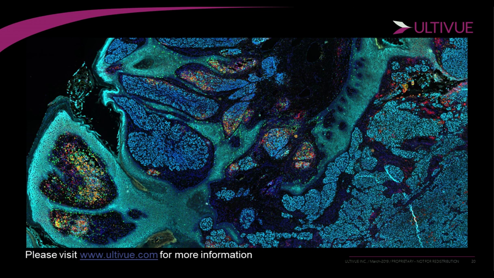Does Ultivue have solutions for the co-registration of multiple rounds of imaging? Or is this dependent on your imaging equipment or image analysis software? We do, and that's why some of our technology is still brought in-house, especially for our higher levels of plexing.